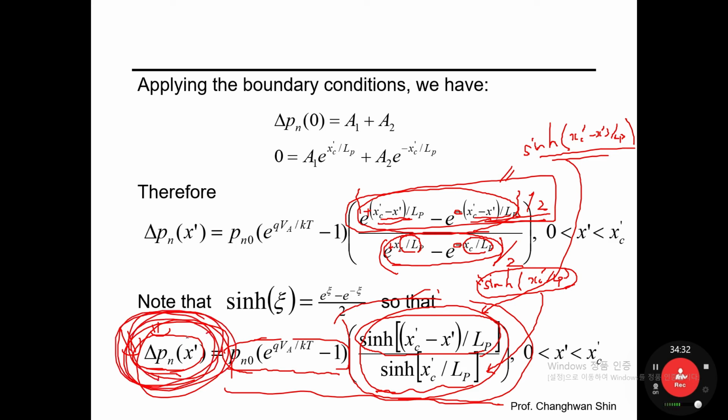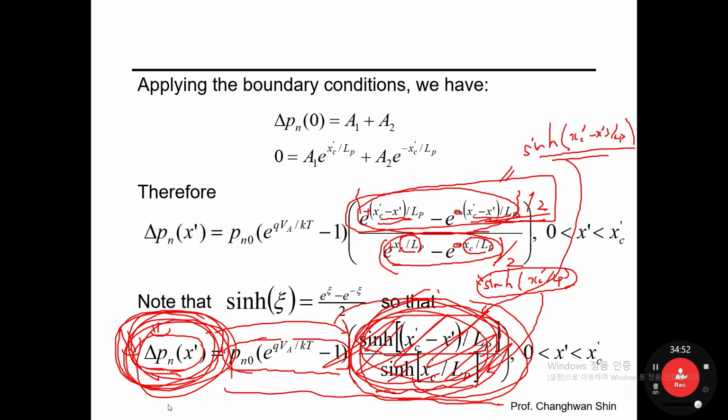So this delta p sub n is the original one. In ideal diode analysis, the hyperbolic sine term and those second terms are removed. But in a real and more general diode analysis, this second hyperbolic sine term should be considered together.